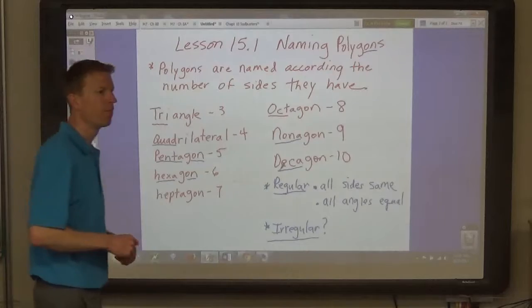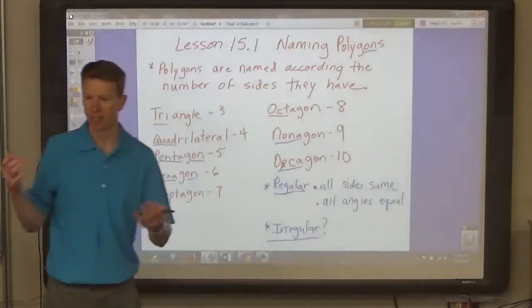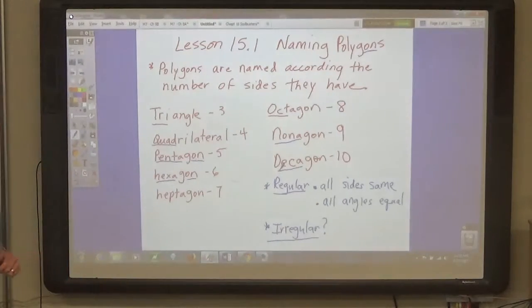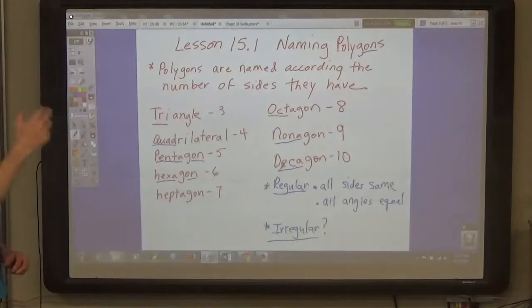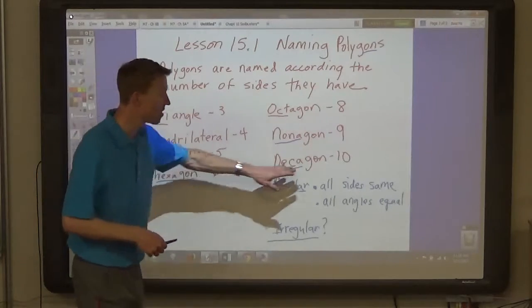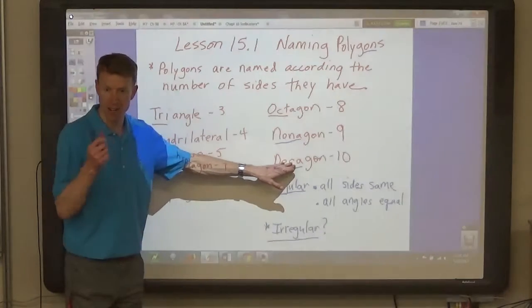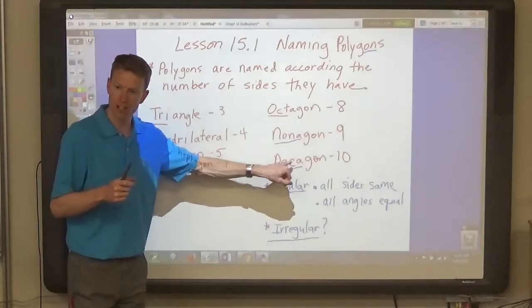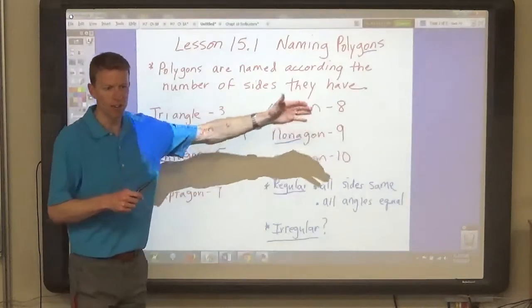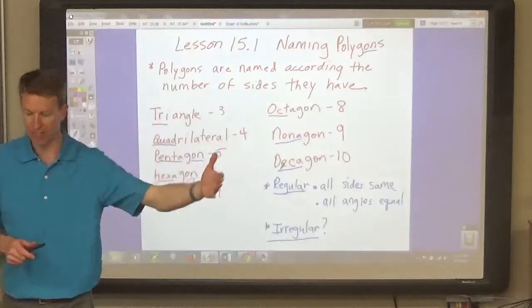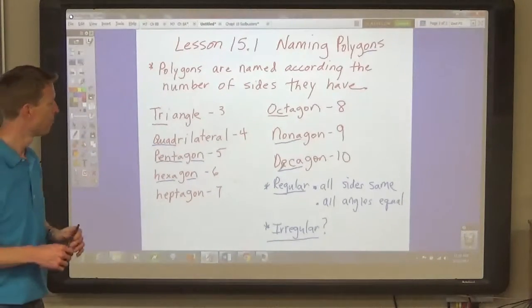So if you have like a 40-sided figure, they just call those a 40-gon or a 99-gon. Anything above 10 you can just refer to as the number of sides, like an 11-gon, 12-gon, a 15-gon. Okay?